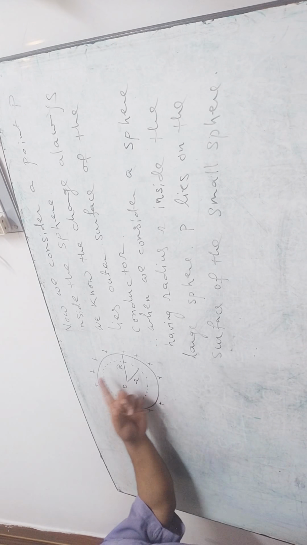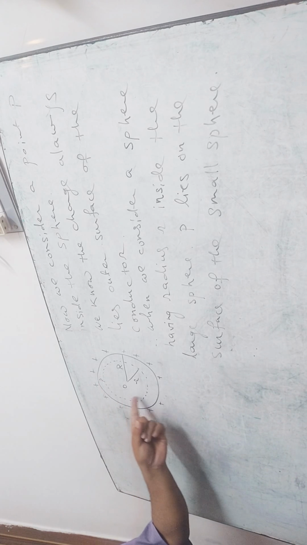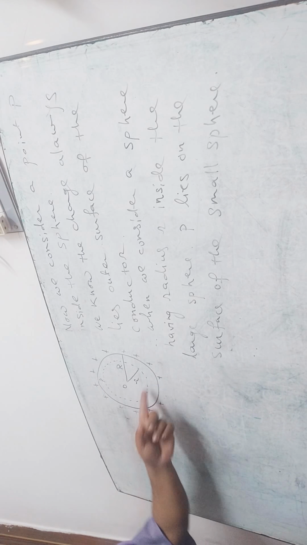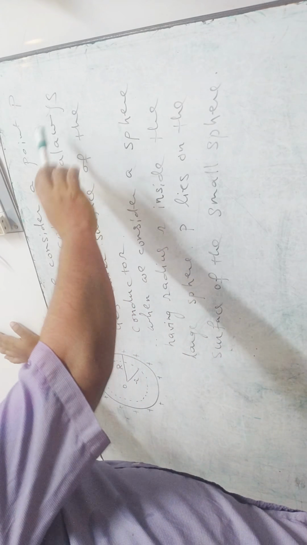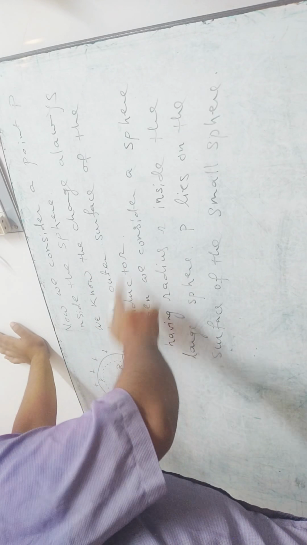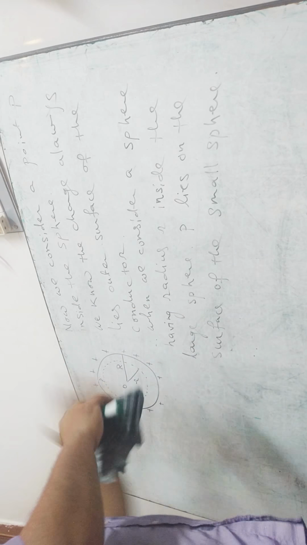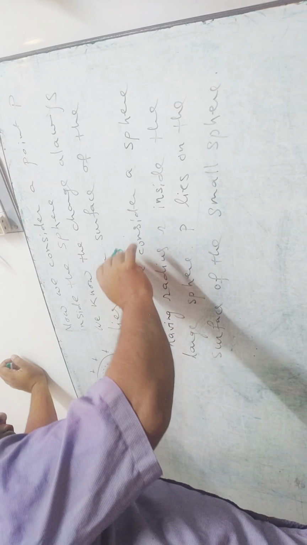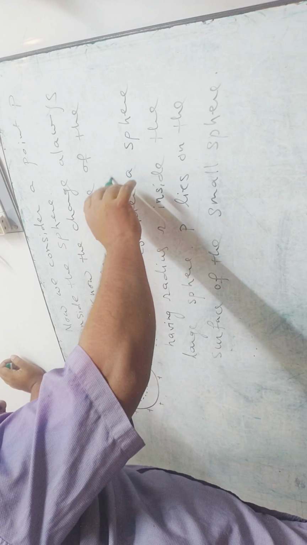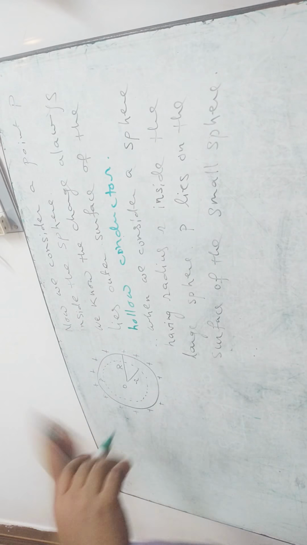Therefore, in the Gaussian surface, there is no charge. And here we know that the charge always lies on the outer surface of the conductor, or hollow conductor.